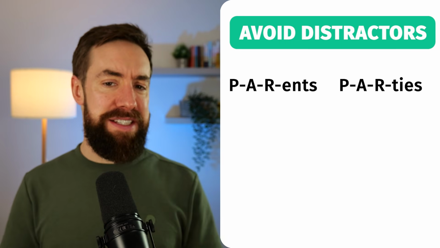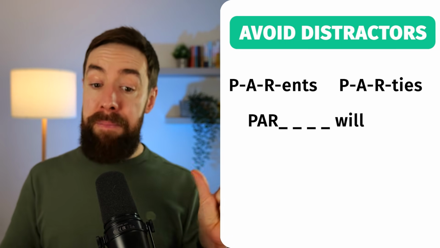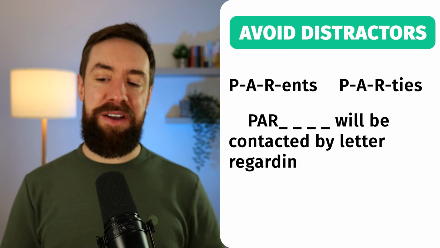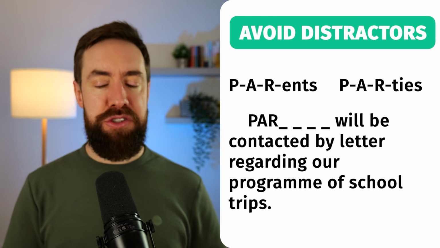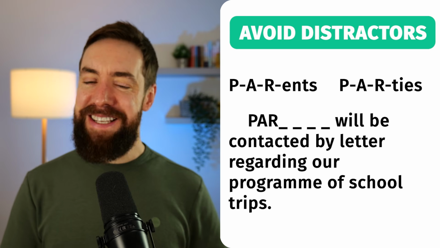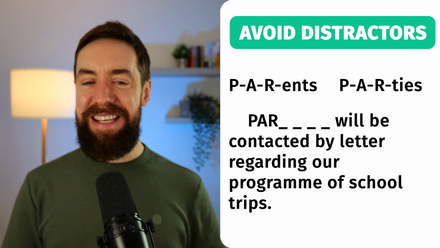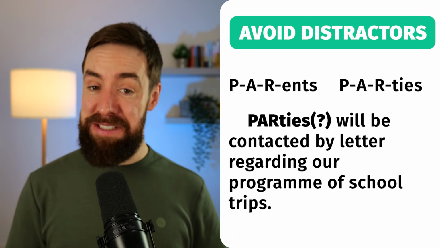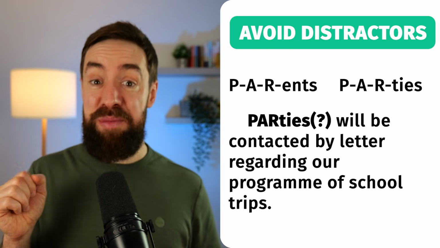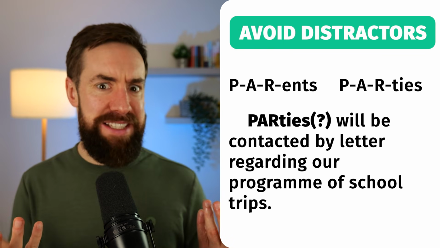For example, let's take a look at this sentence. "Par will be contacted by letter regarding our program of school trips." Really it could be parties if it's the right number of letters, but the meaning isn't right.